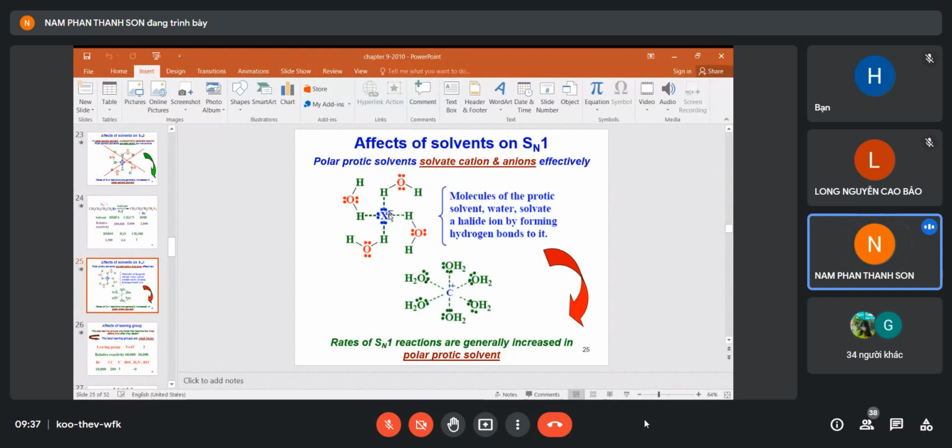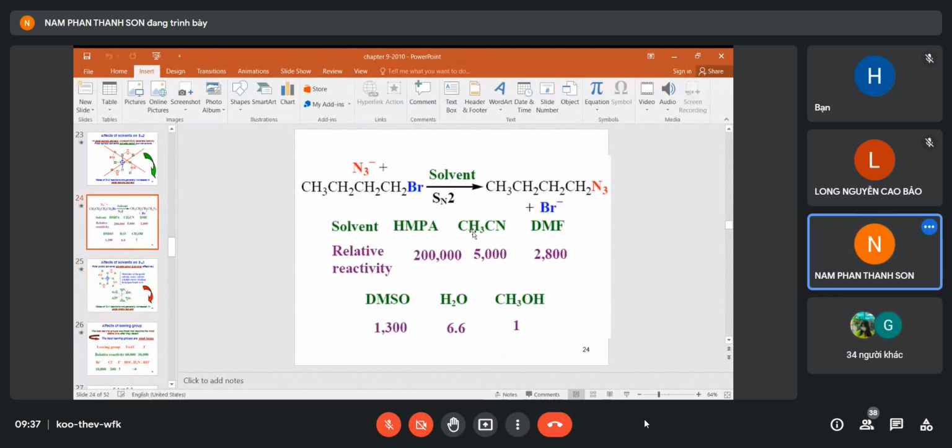For aprotic solvent like DMF or DMSO, DMF is dimethyl formamide and DMSO is dimethyl sulfoxide, CH3SOCH3, or acetone, CH3COCH3, in this solvent we cannot have proton.